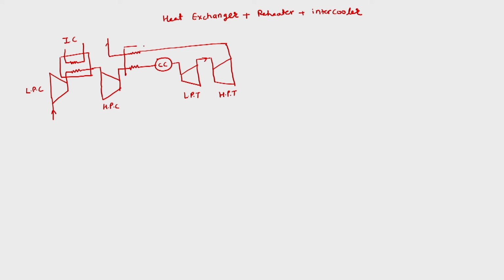So this is the heat exchanger. Before that, from the low pressure turbine to the high pressure turbine, we will have a reheater. So now we have the intercooler, the heat exchanger, and the reheater. So all the attachments are connected.